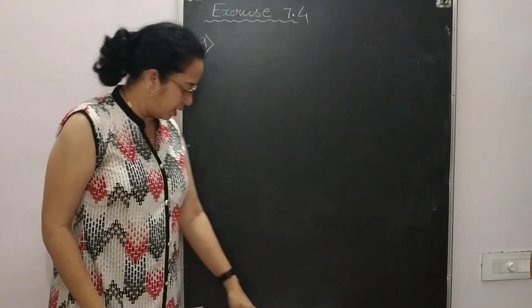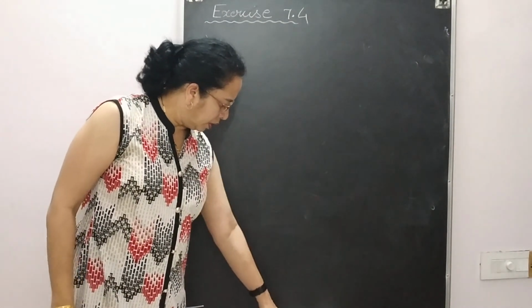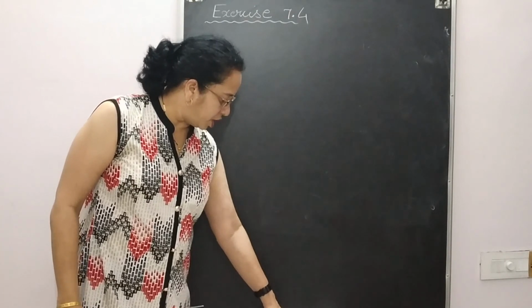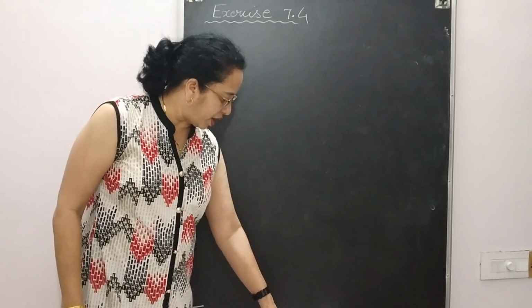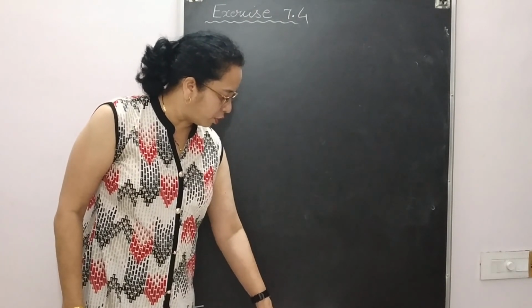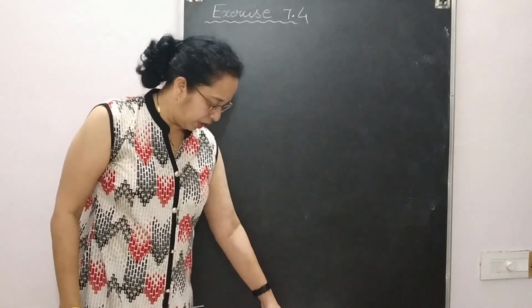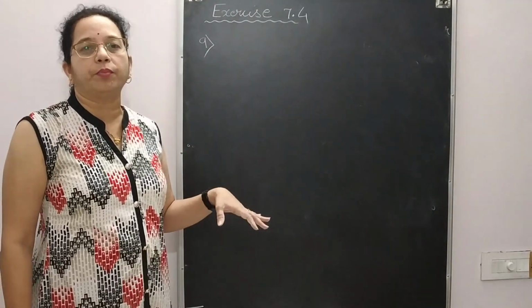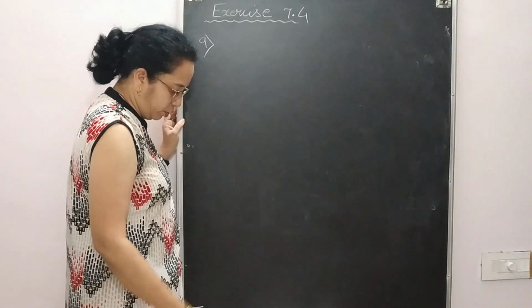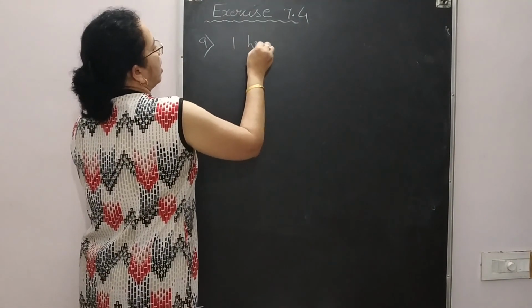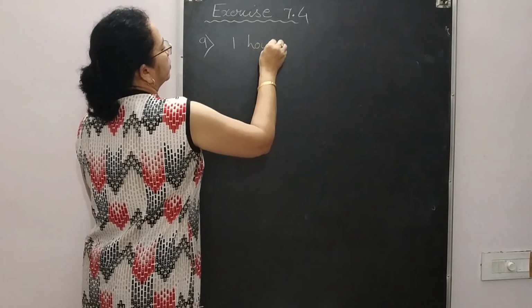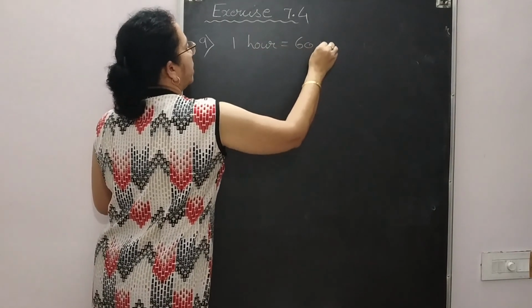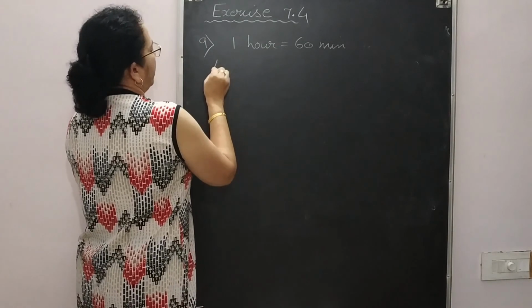Now come to next question, question number 9. Rafiq exercise for 3 upon 6 of an hour and while Rohit exercise for 3 upon 4 of an hour. Okay. So again you can convert this into minutes or you can do direct comparison. So let me convert into minutes. 1 hour is equal to 60 minutes.